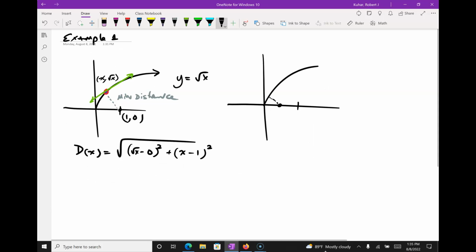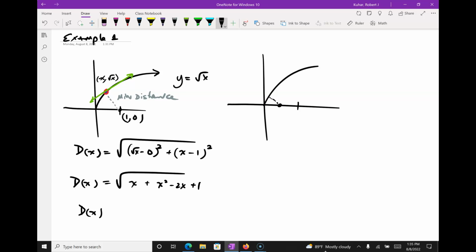Now this can be simplified, and it usually is helpful to do so. So it looks like I have x plus x squared minus 2x plus 1. So my distance that I'm trying to minimize finally ends up at the square root of x squared minus x plus 1.